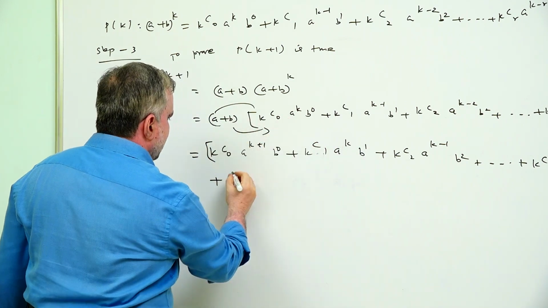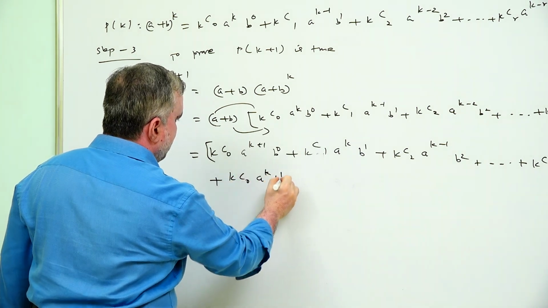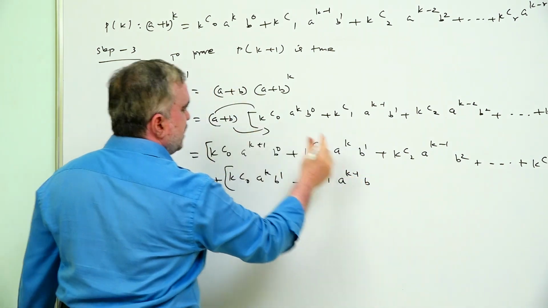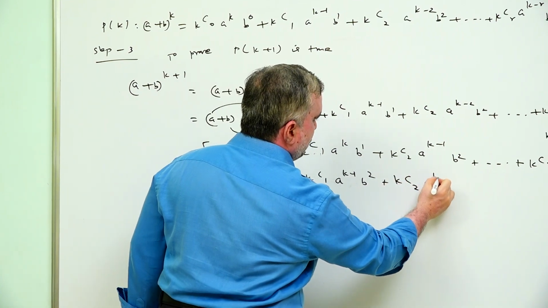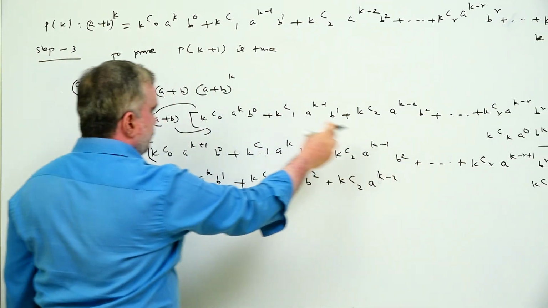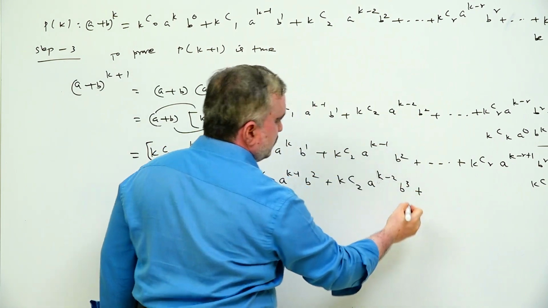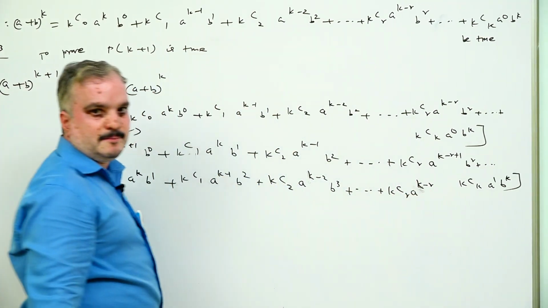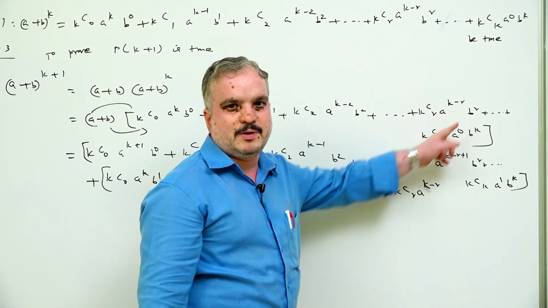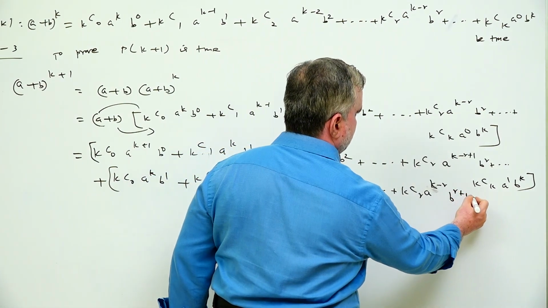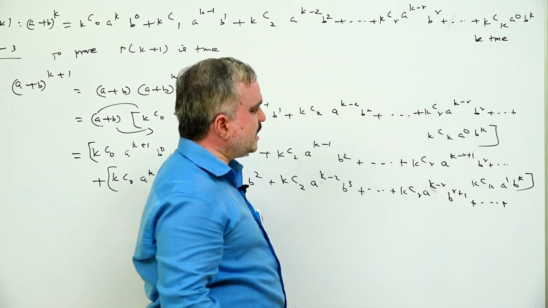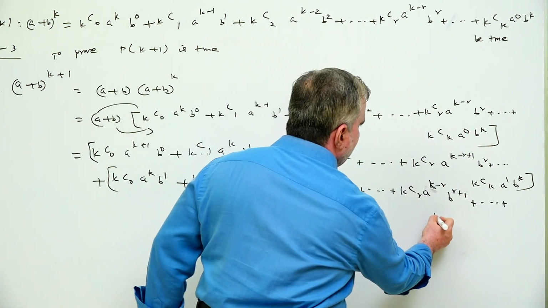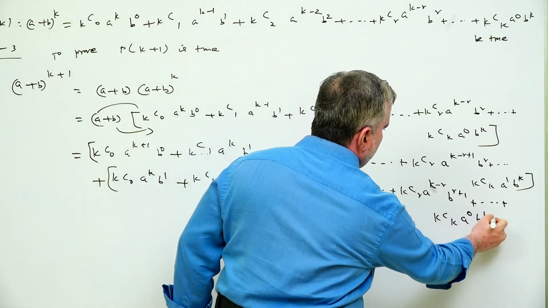Then b into kC0 a^k b^1, then kC1 a^(k-1) b^2, then kC2 a^(k-2) b into b^2, we get b^3, ... kCr a^(k-r) b into b^r, we get b^(r+1), ... plus b into kCk a^0 b^k, we get kCk a^0 b^(k+1).